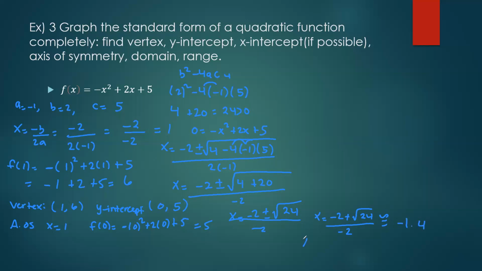And then our other one is -2 minus the square root of 24, all over -2. That's 3.4. So my two x-intercepts are (-1.4, 0) and (3.4, 0).